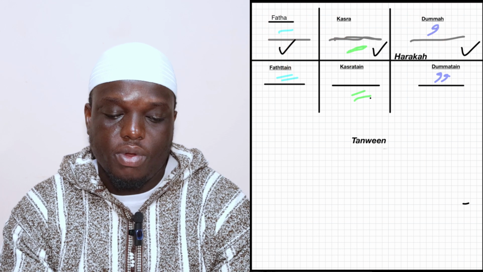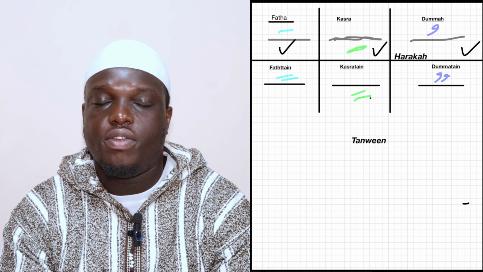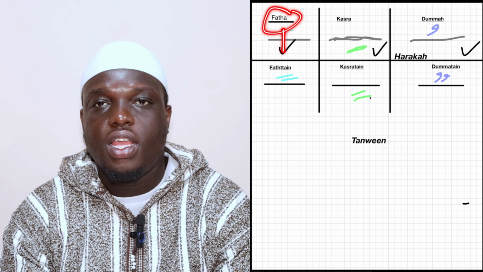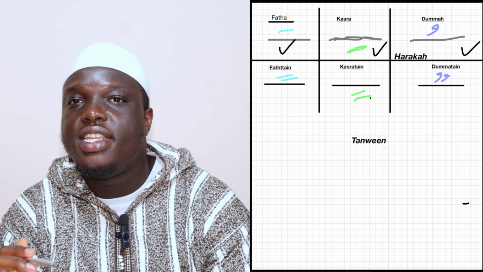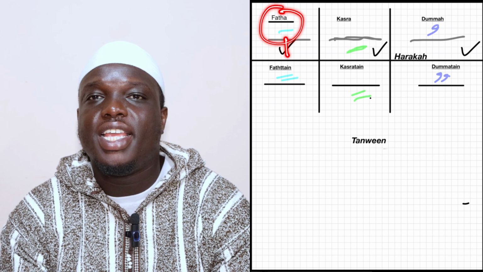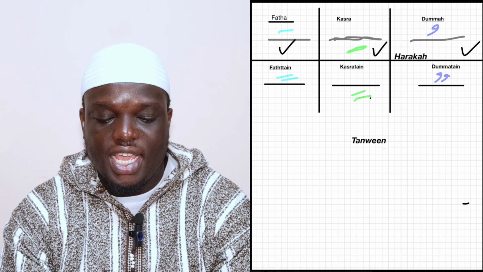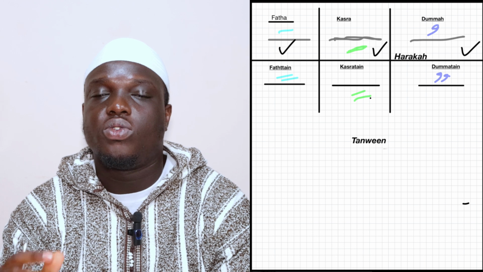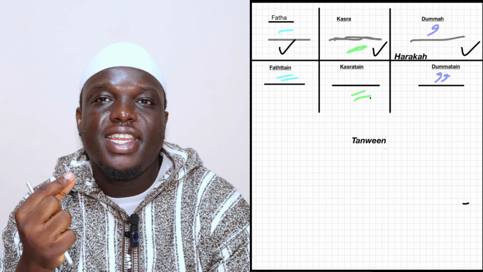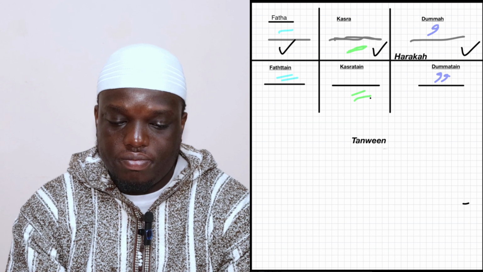Now we're going to go over the sounding of each of these tanween rules. The fathatain, similar to the fatha, has an a sound, but fathatain is an. So the noon, the n, is being added to the sound of the letter. Let's use a letter.